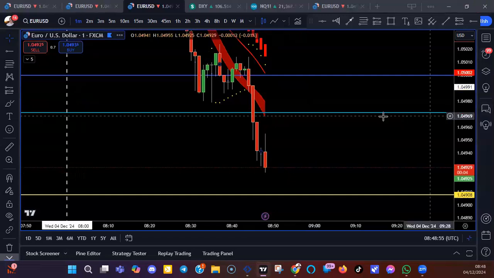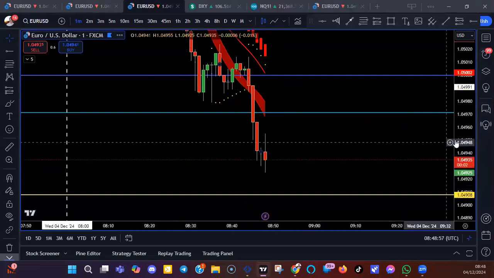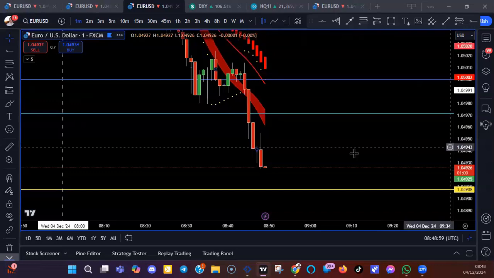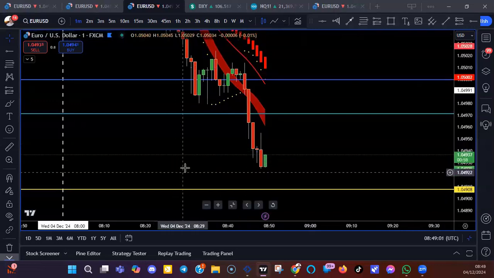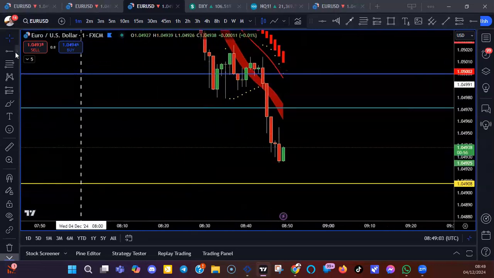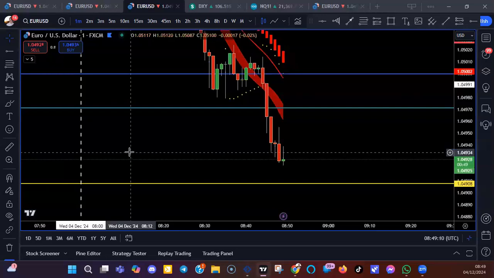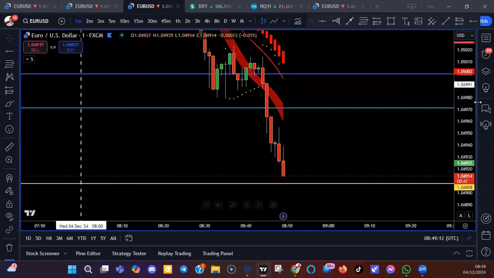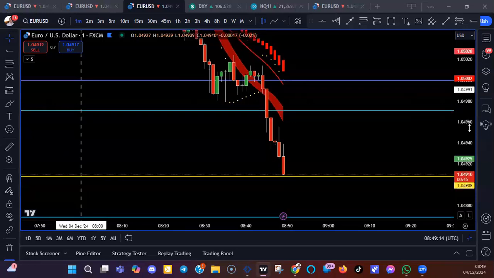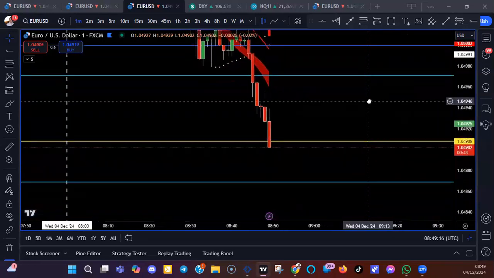Creating lower lows now. But here is the buy zone. We're just getting into the buy zone now.